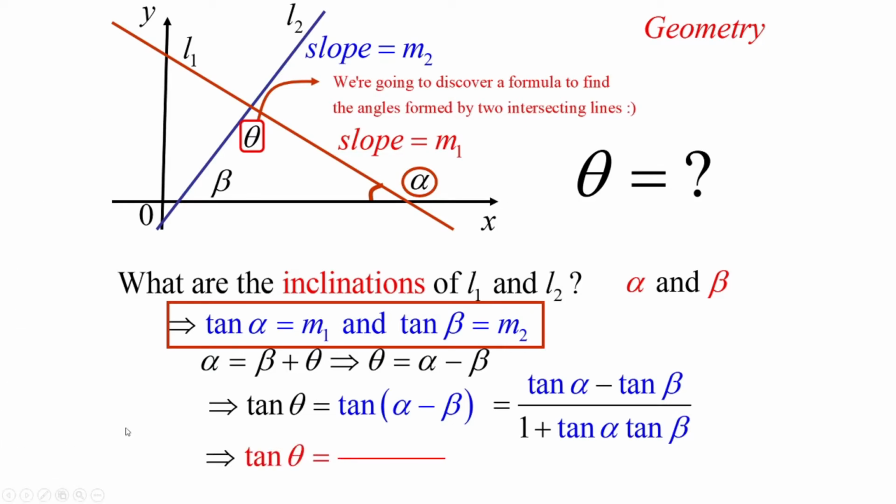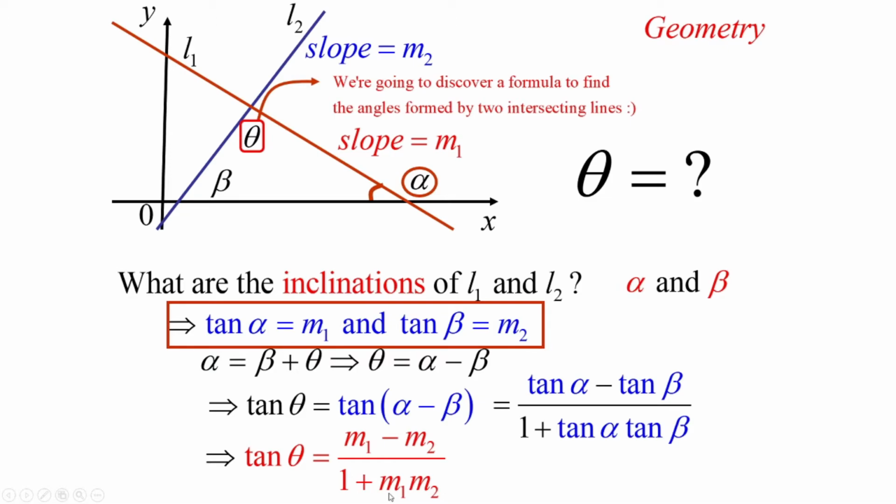So this implies tangent of theta, which equals tangent of alpha minus beta, and that has to equal tangent of alpha, which is the slope of the first line, m sub 1, minus tangent of beta, which is the slope of the second line, m sub 2, over 1 plus, and tangent of alpha is still m sub 1, and tangent of beta is still m sub 2.